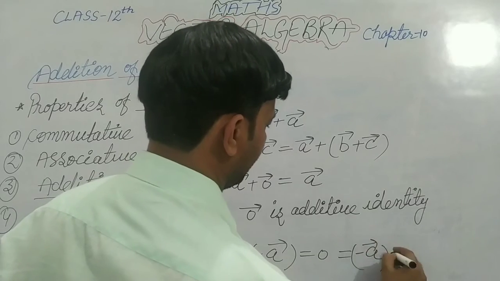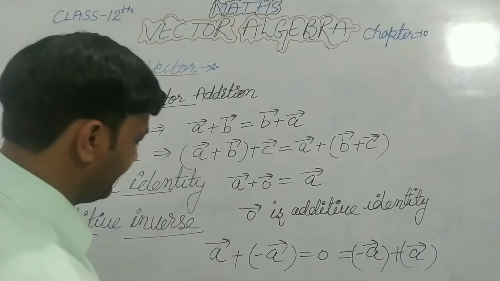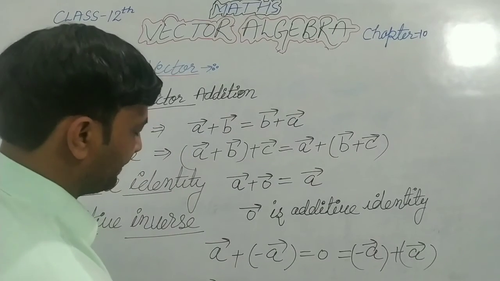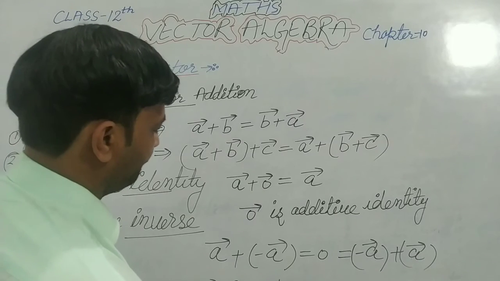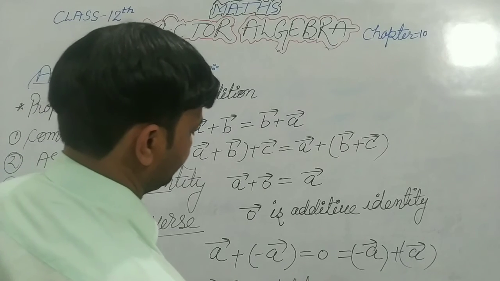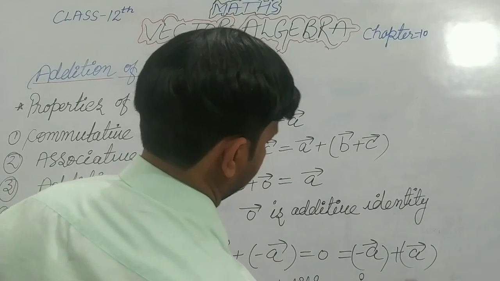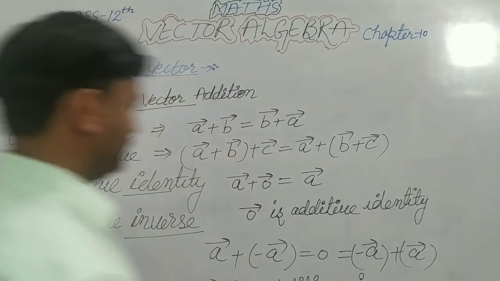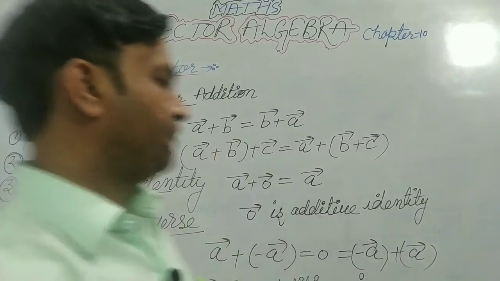So we can say vector minus A is the additive inverse, isn't it? So these are the properties of addition of vectors.